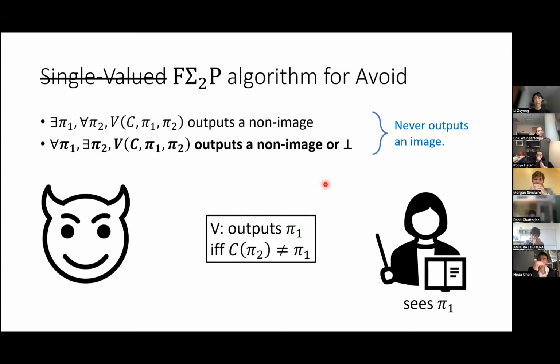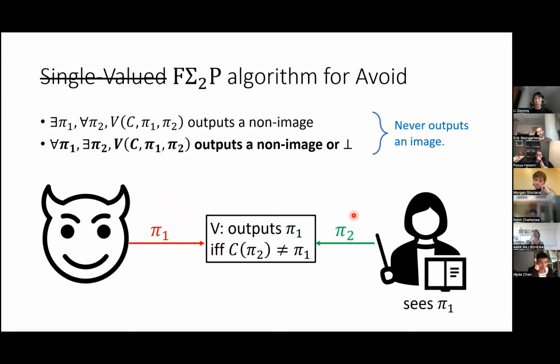In the other case, the first prover is malicious and the second prover is honest. Think of the first prover, being malicious, sending me some pi1, which is an image of C, so it has some pre-image. Now the second prover is honest, and he will try to protect me from being fooled by the first prover.